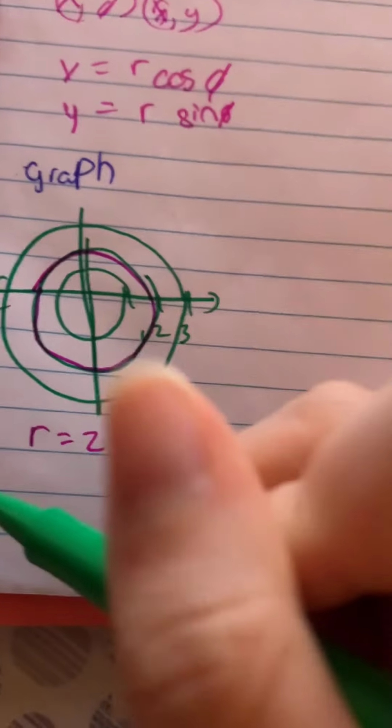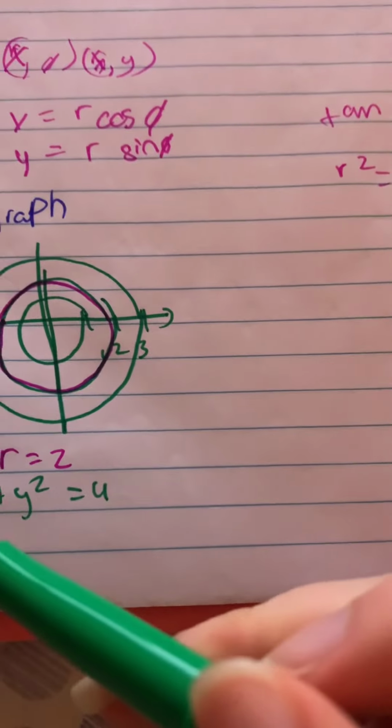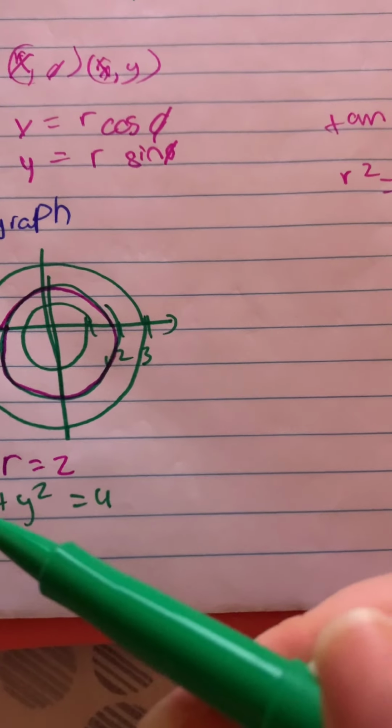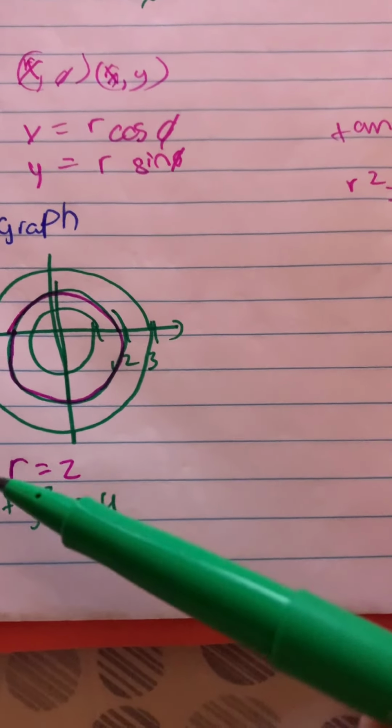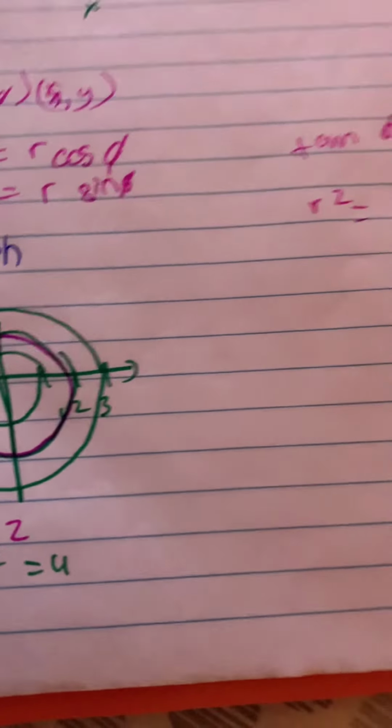The equation for this can be x squared plus y squared equals 4. This is saying that for every x and y the sum of squares will be the same, so r equals 2.